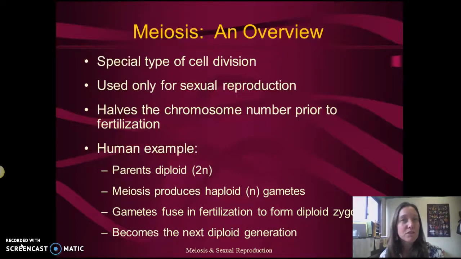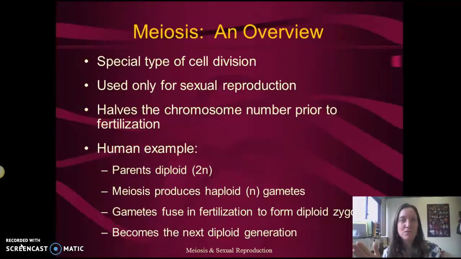Meiosis produces haploid sperm cells and egg cells. Those types of cells are called gametes. And the abbreviation for haploid is N. So it cuts the chromosome number in half. When gametes fuse in fertilization, the N plus N makes 2N. Simple math.